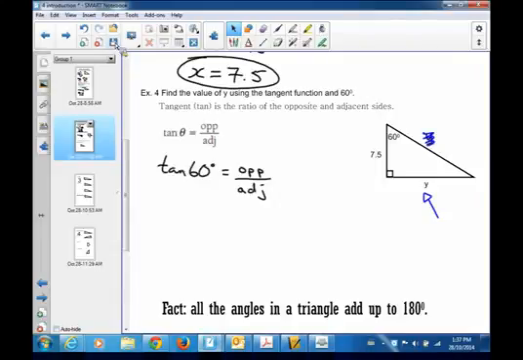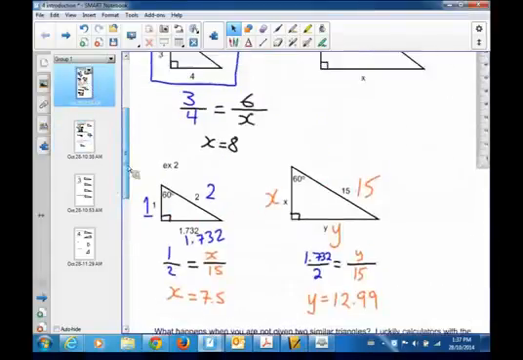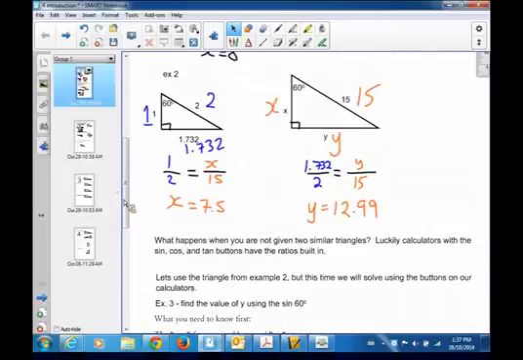Is it 12.99? Hey, should be. Because when the side up here was 7.5, right, this was 7.5, this was 12.99. That's what we're trying to show.